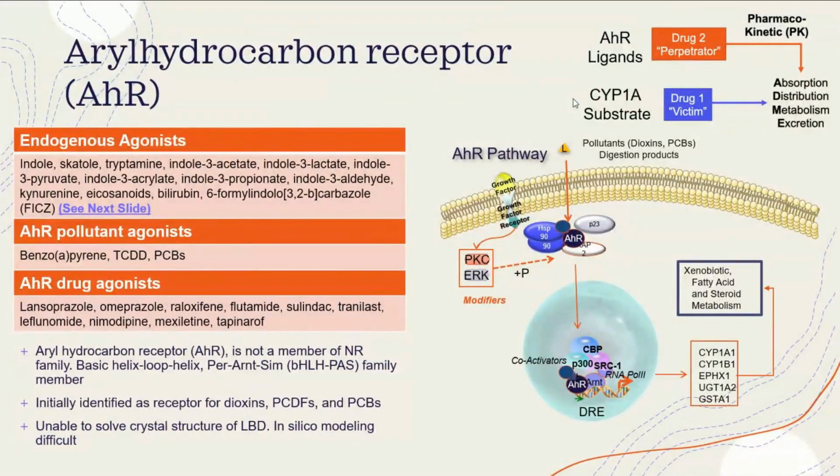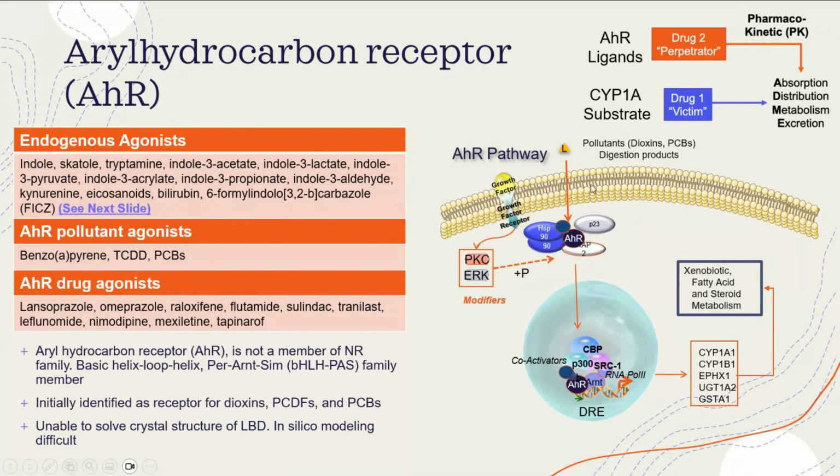The last receptor that we'll talk about as an example is the aryl hydrocarbon receptor, or AHR. And this was a receptor that was first examined as being a ligand for a variety of different pollutants, such as benzoate, dioxin, PCBs, polychlorinated furans, a variety of, again, pollutants that are present.